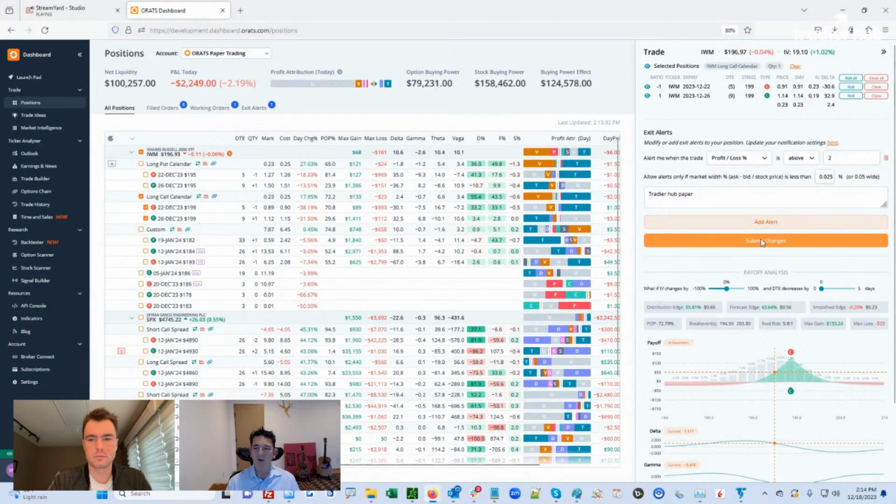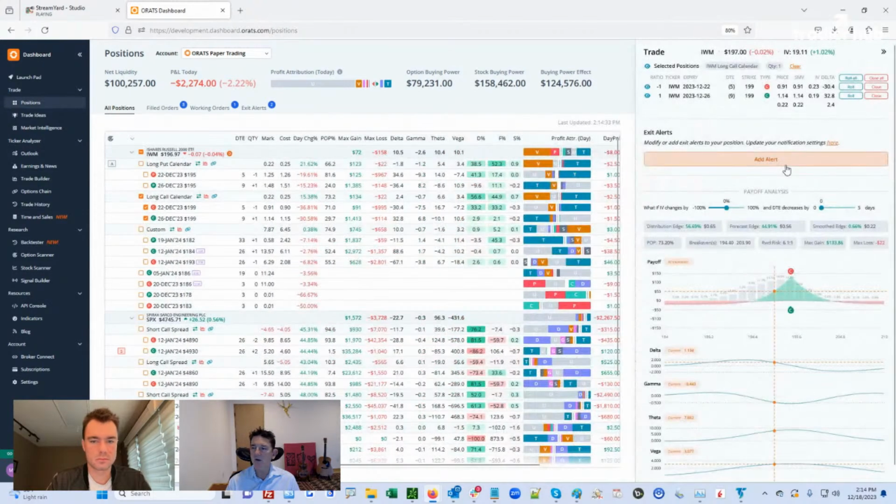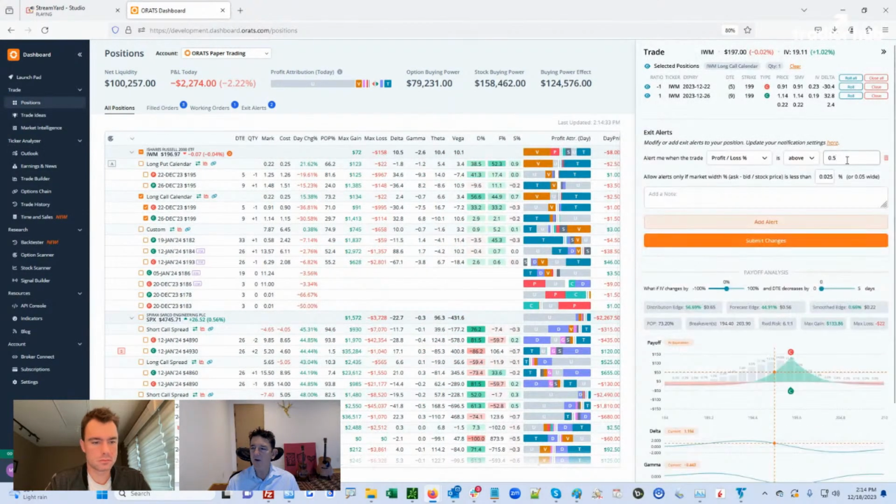All right, and then you could see that over here, the profit and losses are. Let me just do this. Again, trade alert 2, Tradier Hub, paper. You can see that there's now an icon here that says what we're doing, so that's kind of nice.